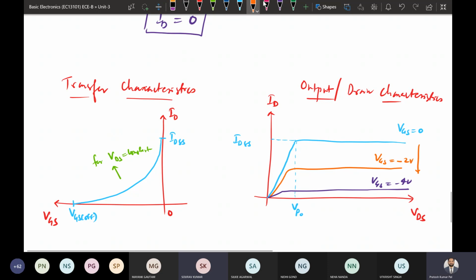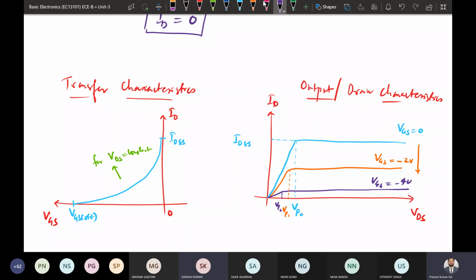One thing we can note here: if VGS equals minus 2 volt, the VP is a new VP, this is VP1, you can call it. VP is going to reduce as we increase the gate to source voltage further in the negative direction.